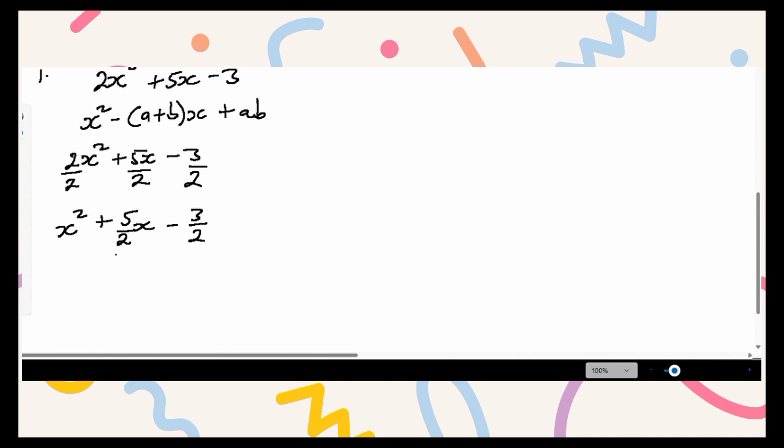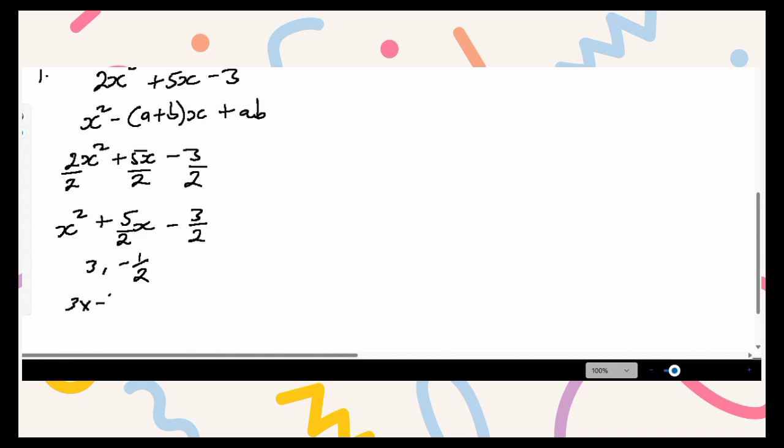Okay, but my first test, I am going to test with 3 and minus 1 over 2. So choosing these two numbers, let's see if it is going to work. If I multiply 3 and minus 1 over 2, I am supposed to get the constant, which is minus 3 over 2. So let us see if it is possible.